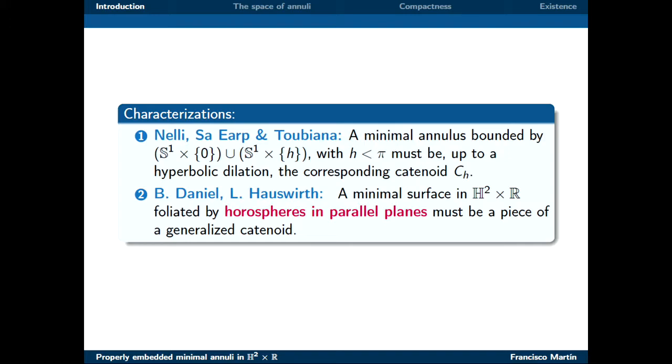And the other characterization is due to Daniel and Hauswirth, independently: a minimal surface in H2 cross R foliated by horocycles in parallel planes must be the generalized catenoid. By the way, I always refer to this generalized catenoid as Daniel's surface. So if I say Daniel's surface, I mean this generalized catenoid.